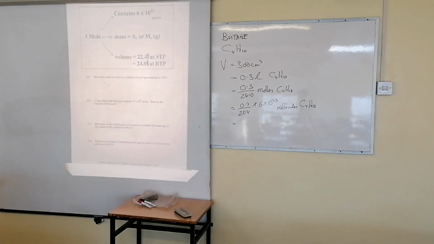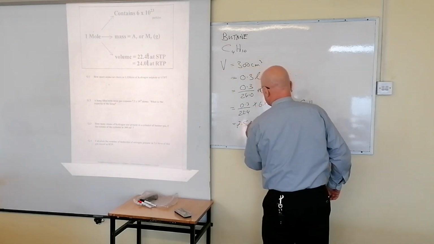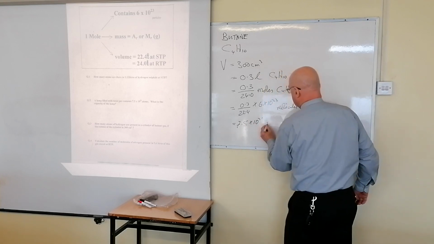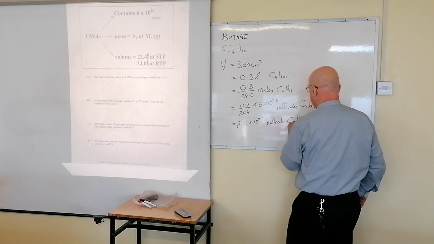I'm ignoring the calculations here now because I think you can be doing that in your own time with a calculator. And this comes out to be, they've asked you how many atoms of hydrogen, which happens to be 10 of them, okay? This comes out to be 7.5 by 10 to the power of 21 molecules of C4H10.